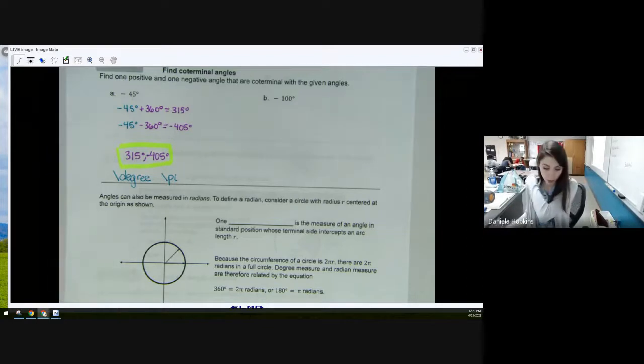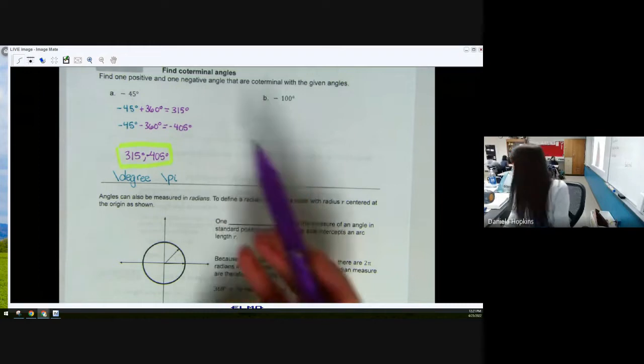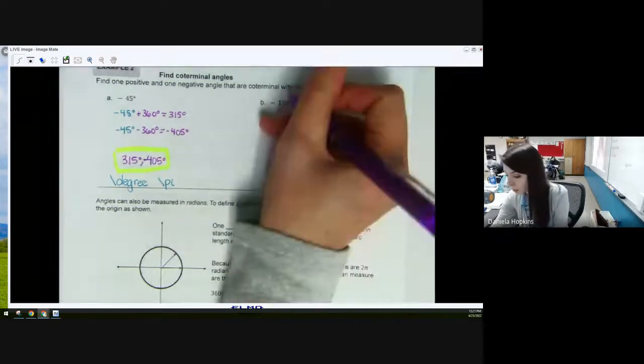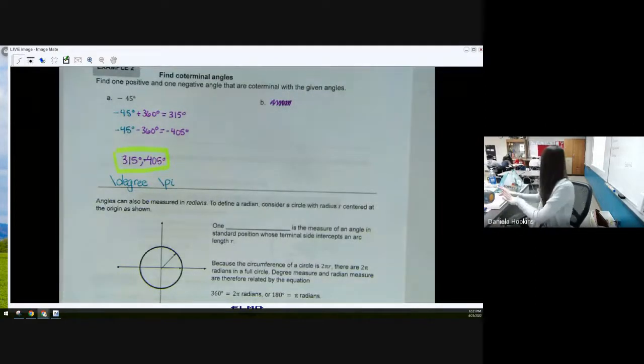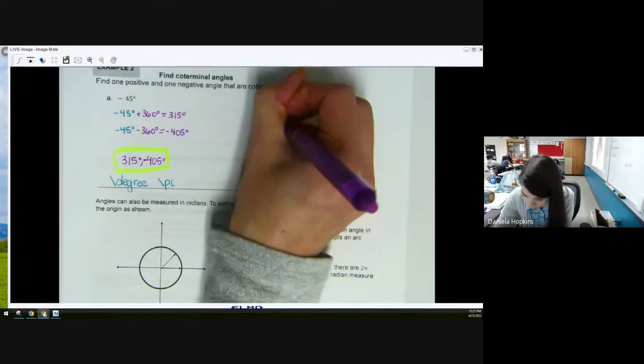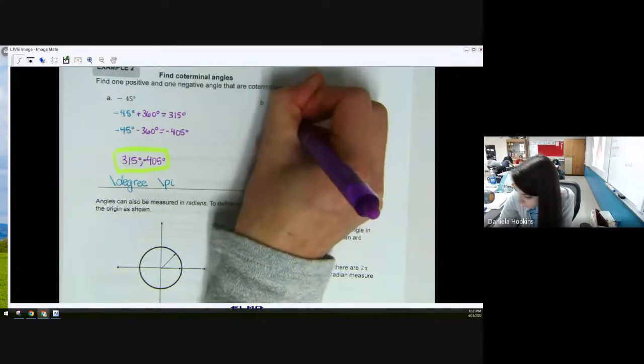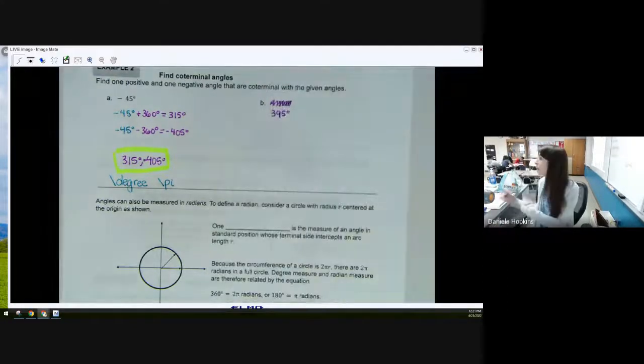All right, we're going to make one adjustment to our notes here. The negative 100 degrees, it's a fine problem, but it looks just like this. So let's make it more interesting. Let's just change this. I am fully changing the problem. I'm not saying these are equal. So cross it off. Instead, let's say we were given the angle 395 degrees. I want to find a positive and a negative coterminal angle from 395.